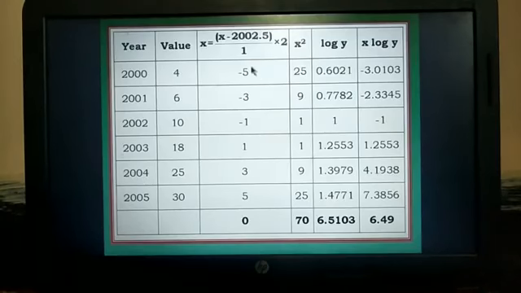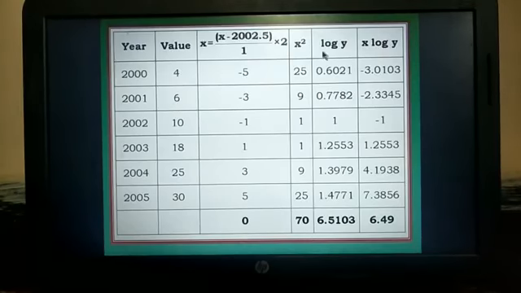The same magnitudes with opposite signs, so the summation of x will become 0. After that, x square: minus 5 squared is 25, minus 3 squared is 9. In that way, all these have been squared, and the sum of x square will become 70.